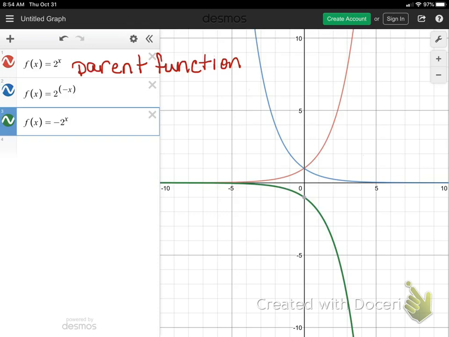So when the negative is inside the parentheses, what did I reflect across? Look at my blue function to my red function. Did I reflect across the x-axis or the y-axis? The y. So when my negative is inside the parentheses and part of the exponent, I reflect across y.